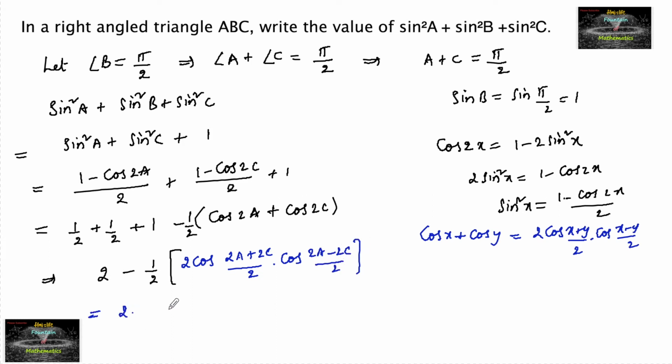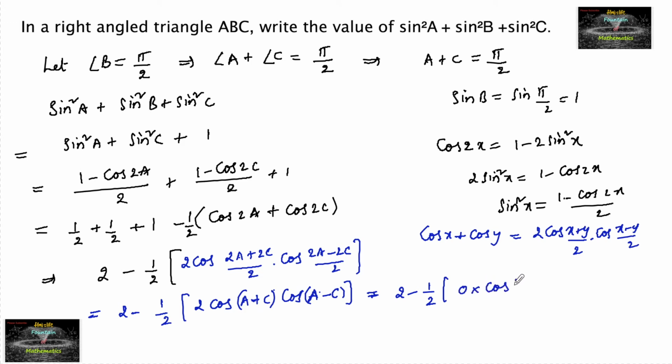So which equals 2 minus 1 by 2 times 2 cos of A plus C into cos of A minus C. Since A plus C is pi by 2 and we know that cos pi by 2 is 0, this is 0 into cos of A minus C, so it is 0.